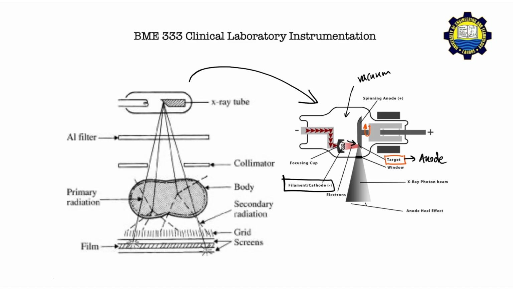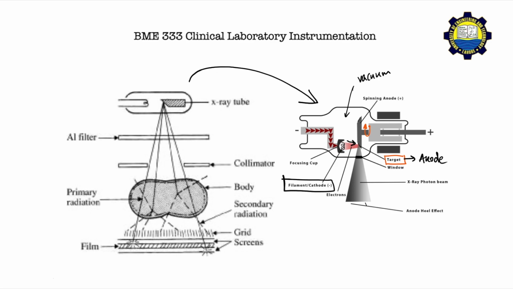The other thing is that this entire arrangement is set up in a lead shielding. So it's housed in a lead box, and the reason for that is that you don't want an accidental exposure from the X-ray radiation to the operator or the subject.